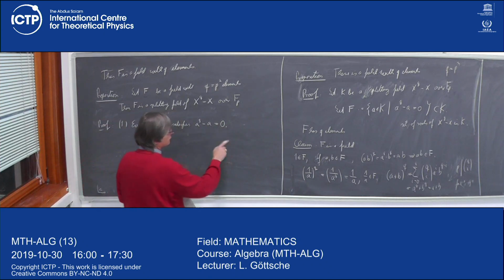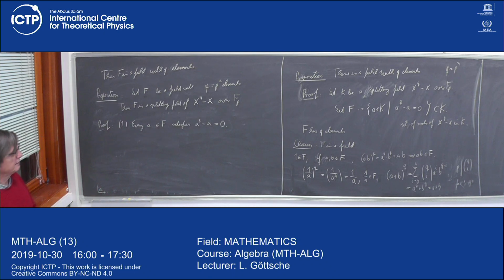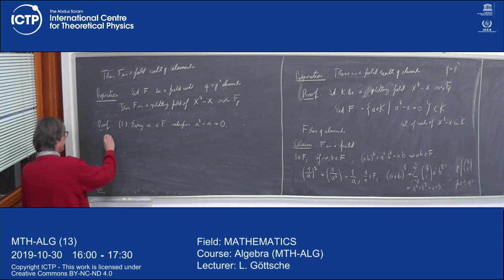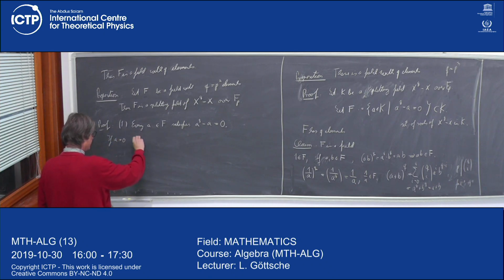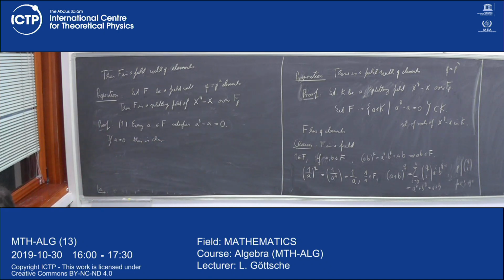So every element in the whole field satisfies this equation. If A is equal to 0, this is obvious, 0 minus 0 is 0.